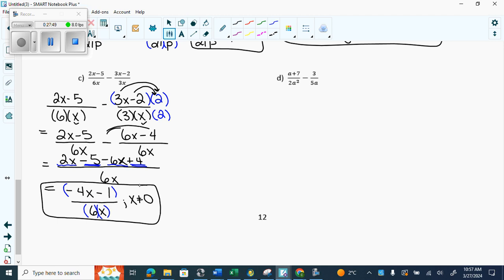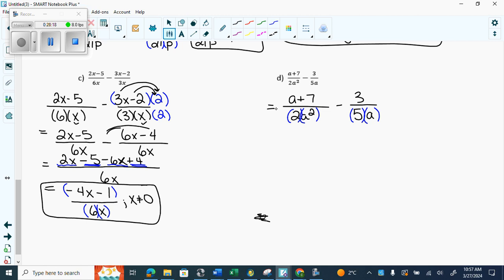Okay, here we have (a plus 7) over 2a squared minus 3 over 5a. Okay, let's just look at the variables first. The left denominator, the left bottom, has an a squared. The right bottom has an a.